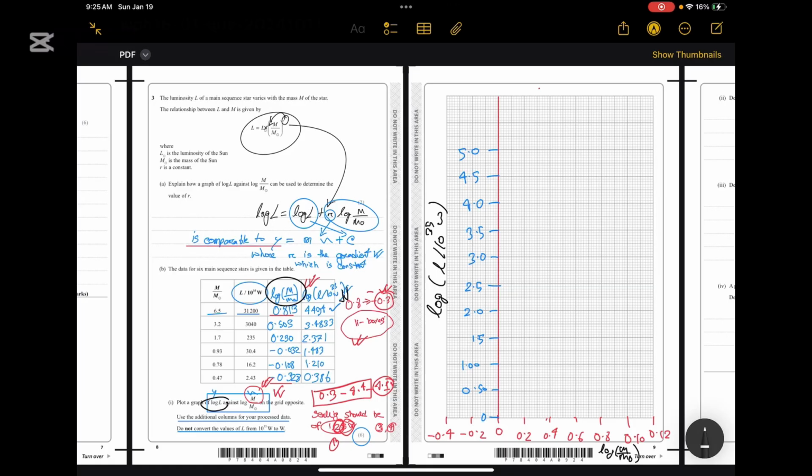Now let's put the points onto the graph. For the x-axis, when it is 0.8, the y-axis is 4.49. So when it is 0.8, it's 4.49, which is right here.